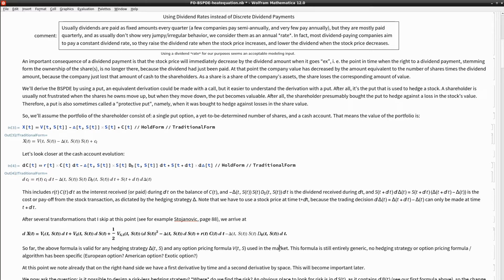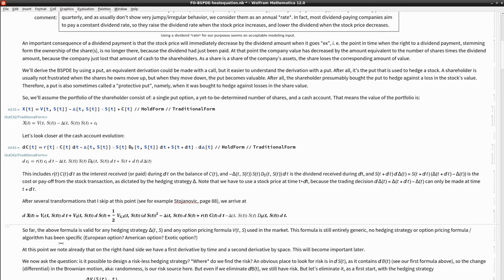It could be a future, it could be a forward. This formula is still entirely generic, and no hedging strategy or option pricing formula has been specified at this point, right? At this point, we don't even know what financial derivative we're dealing with. We're calling it V, capital V. And we just say V depends on time and the stock price.